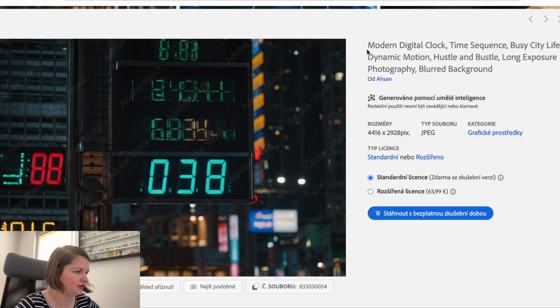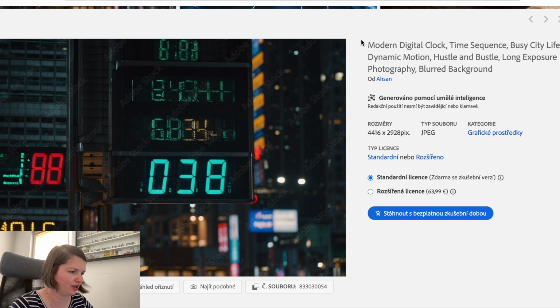So what it says: modern digital clock, time sequence, busy city life, dynamic motion, hustle and bustle, long exposure photography, blurred background. Well, this is not what I'm getting from this image. I don't see the busy city life. I don't see the motion in there. There is a blurred background, and I can tell it's in the city, but I don't get the dynamic, busy, as you say, hustle and bustle from this image.